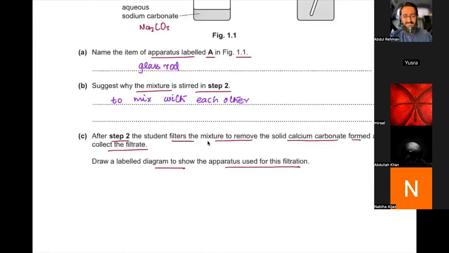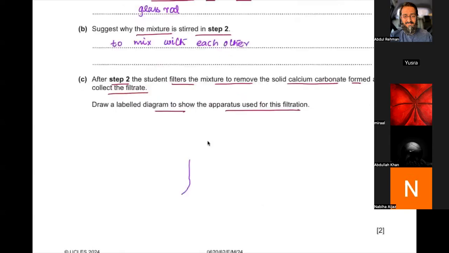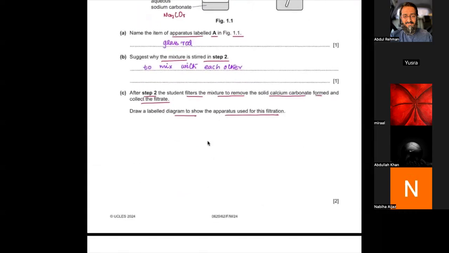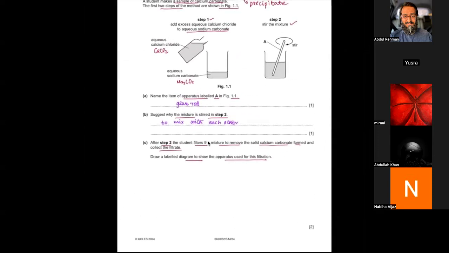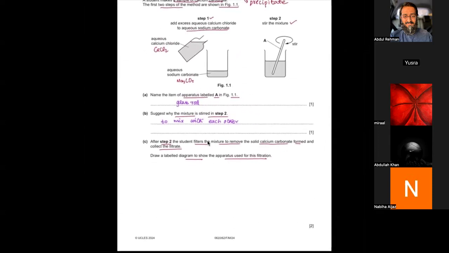Do remember this. Is this visible to you?